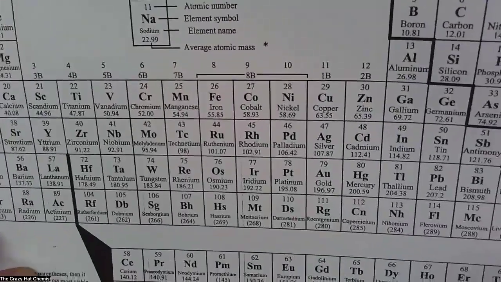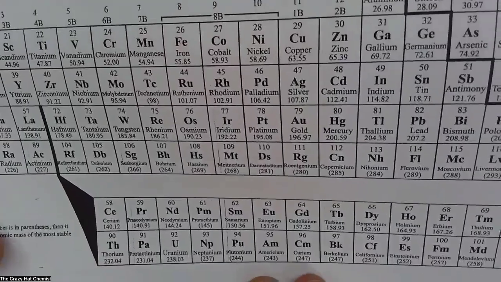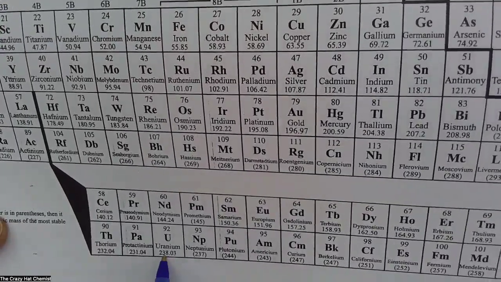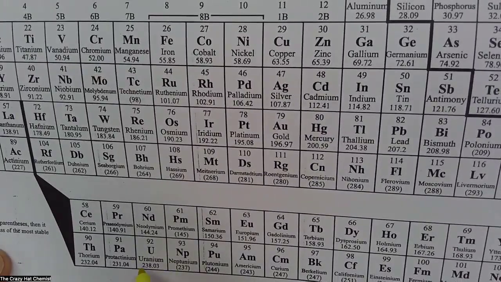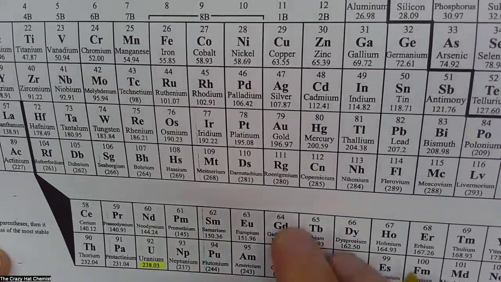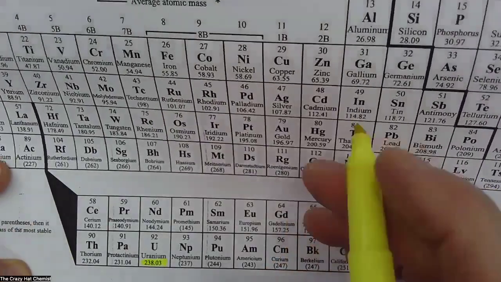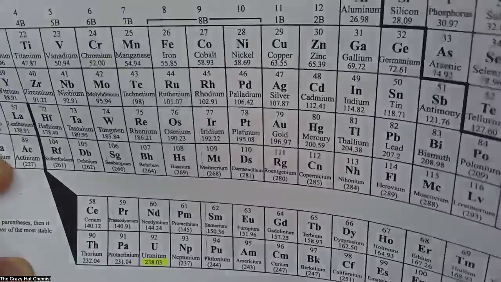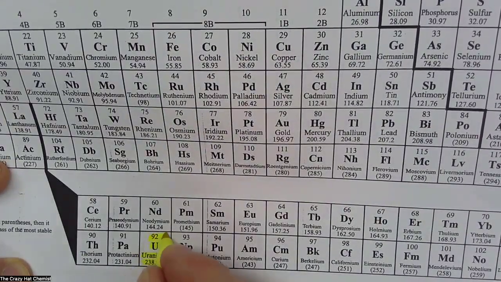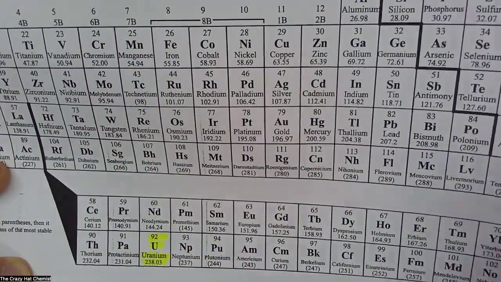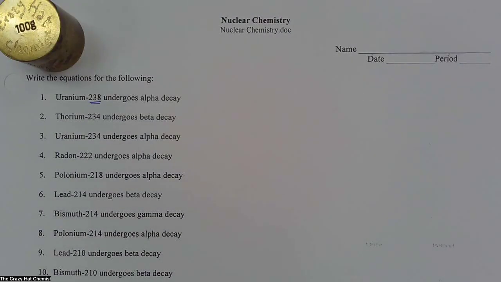So we look on our periodic table, and what do we find? Uranium, we have a mass of about 238. It's not exactly equal to 238, but it's pretty darn close. And that would be uranium. That's U, and that's element number 92. That's going to be critical in our ability to solve this problem.